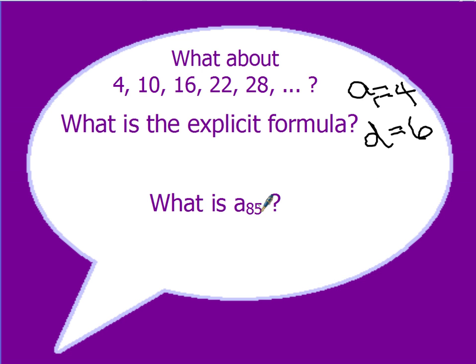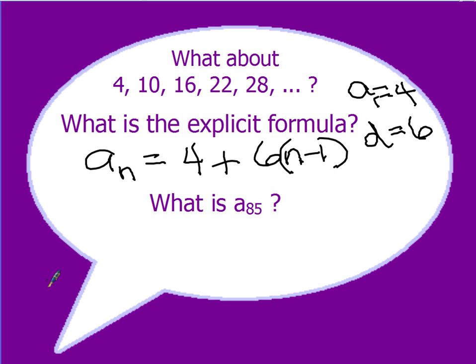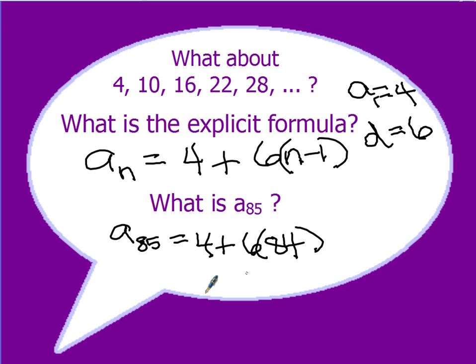And then n in this case, well, let's just write the general explicit formula first. So to find any term in the sequence, we take the initial term, add it to the common difference multiplied by 1 less than the term number. So if I want to find a sub 85, the 85th term in the sequence, instead of writing out all 85 terms, I take 4 added to 6 times 1 less than that term number, 84.